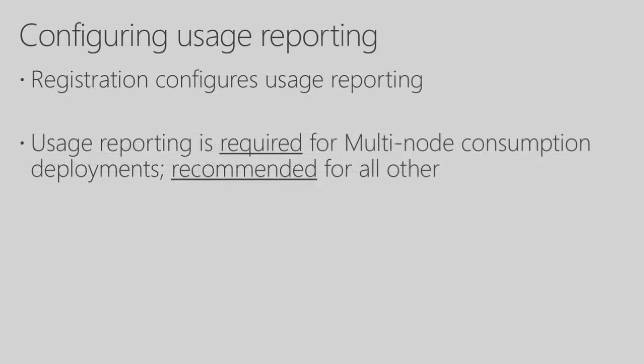Okay, so I've referred a couple of times to the fact that usage reporting needs to be set up, it needs to be configured. How do you do it? It is done through a step which is called registration. And registration is a step that happens at the end of the deployment process. So if you are purchasing a multi-node system, you're going to purchase it from one of our hardware partners.